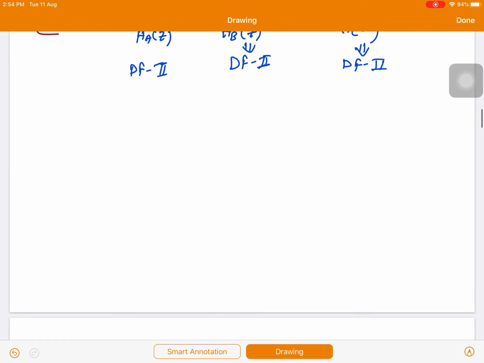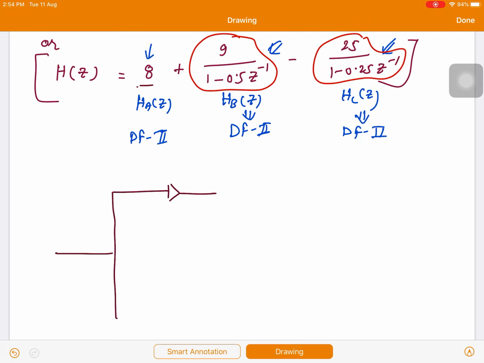So I'm just drawing it directly. Okay, so please verify. Now you can see here this is the only factor 8, so I have just used this multiplier on x(n). This is x(n), so x(n) is multiplied by this value. Okay, next one x(n).